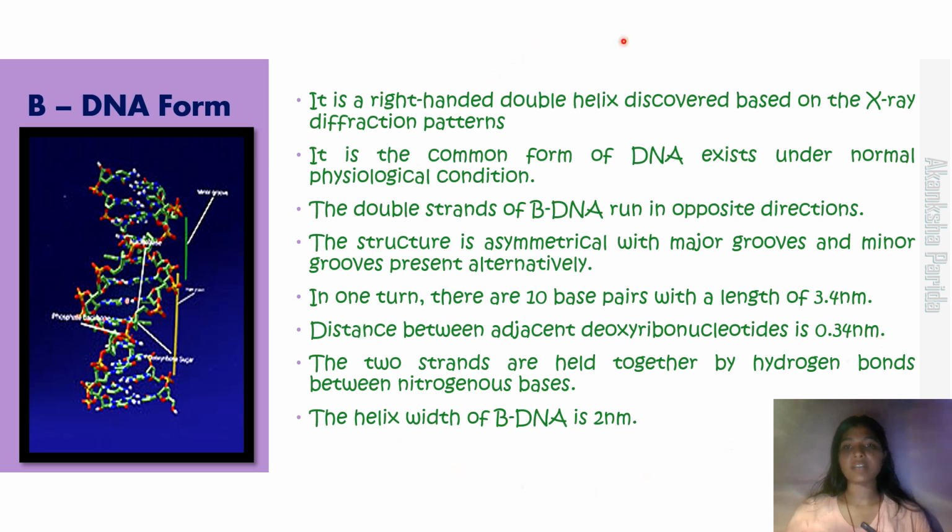It is the same as A-DNA. The backbone of B-DNA is formed by sugar phosphates that are linked continuously with phosphodiester bonds, and the core region consists of the nitrogenous bases. The helix width of B-DNA is 2 nanometers.